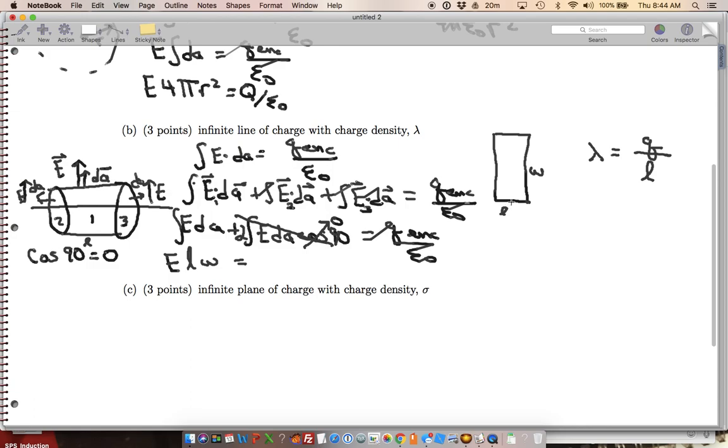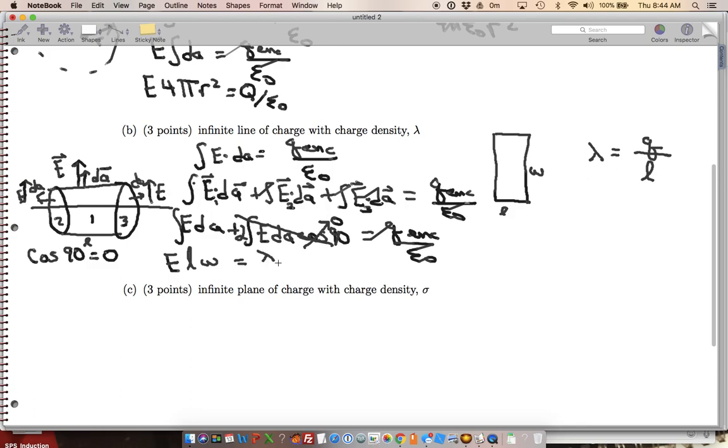And it's the same length here, right? So my Q enclosed is the charge along a line. So this is a charge density, charge along a line, and usually it's infinite, so I can say now my Q is equal to lambda L.